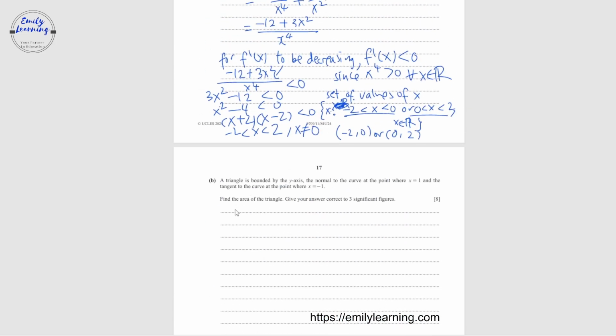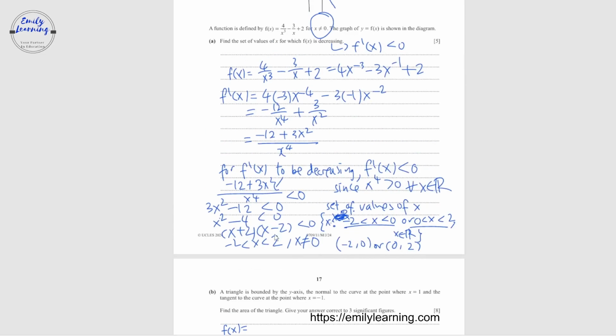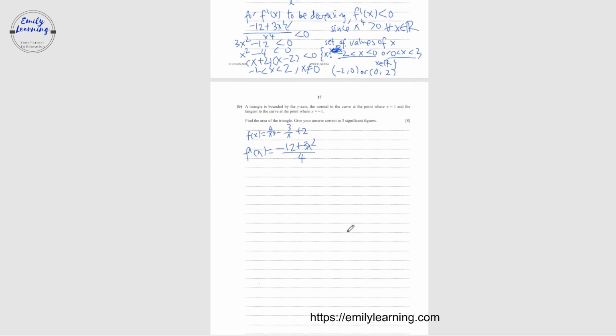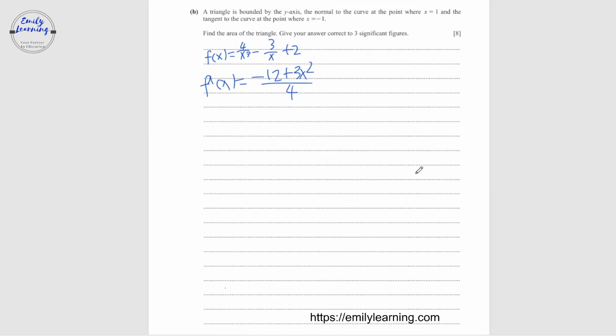So I need my f(x), so I know that f(x) is 4 over x cubed minus 3 over x plus 2. f prime x, like what I found just now, is -12 plus 3x squared over 4. Okay, so now let's do this question together.